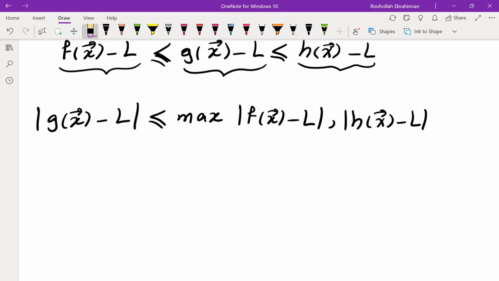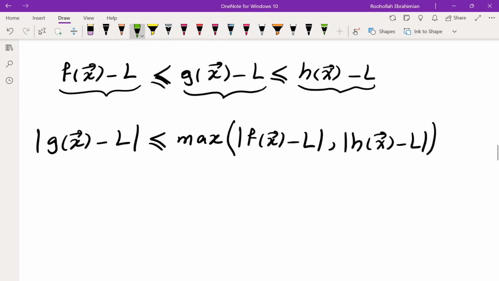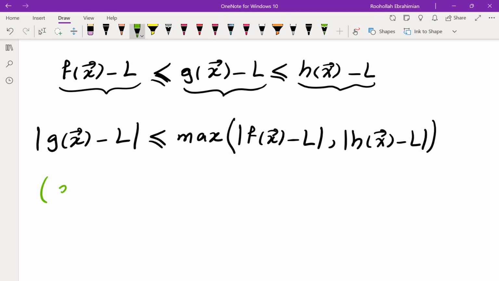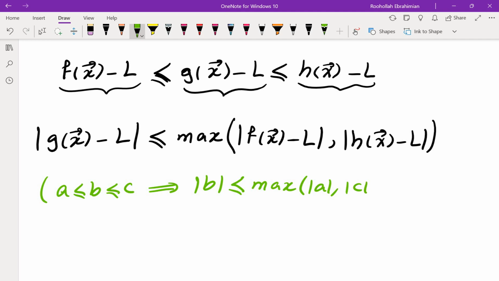I'm going to use parentheses here, that's what I usually do when I do maximum or minimum. If you have a less than or equal to b less than or equal to c, you have to take up a few cases. Absolute value of b is always less than or equal to the maximum of absolute value of a and absolute value of c. If you take a few cases of which ones are positive and negative, you will see exactly this inequality. Not very difficult to see.